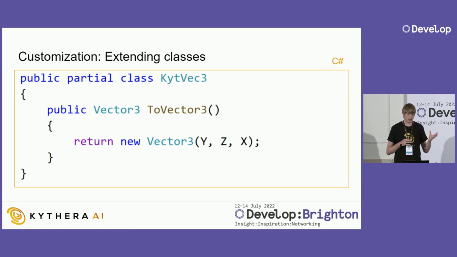So we can create a separate file and then define a separate partial class with the same name and then add methods to that. As an example, again, this is our internal 3D vector class, and we add a method to it that returns a Unity native vector. We also make sure we get the coordinate system right and all that.